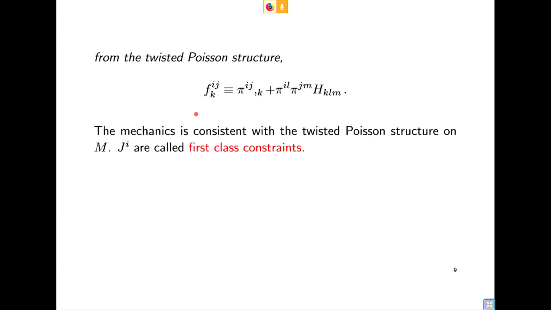This is concretely the definition of Fijk. So this mechanics is consistent with this Poisson structure. Ji is called a twisted first class constraint.